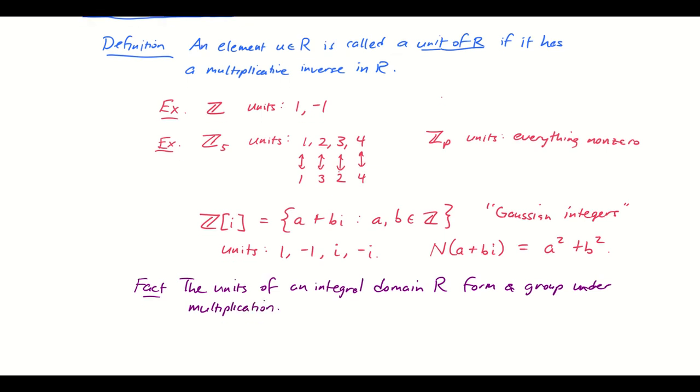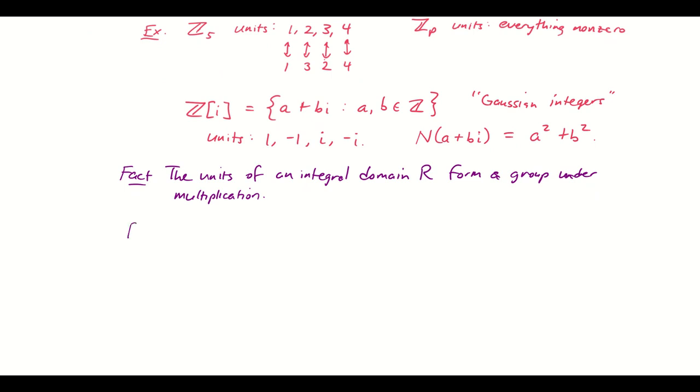And here's a quick little argument for that. First of all, we know that R always contains unity because it's an integral domain, and that element is a unit, since it is its own multiplicative inverse. All right, so we know that the set of units is non-empty.